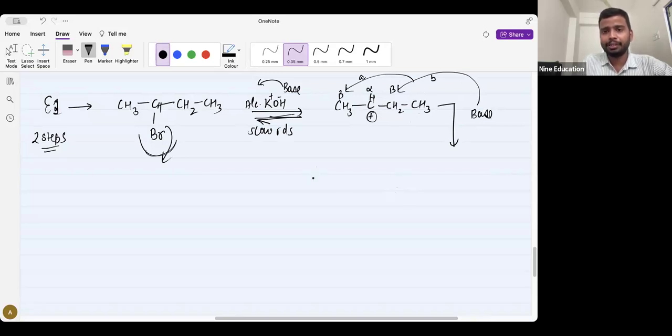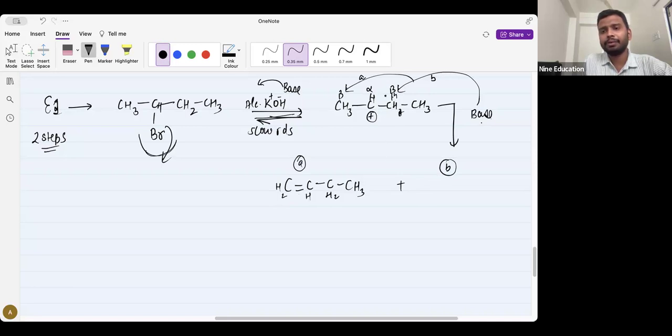Let's say it takes beta hydrogen A. So it will make a double bond on this side. Let's say for B, the base comes and takes the B hydrogen, this hydrogen.